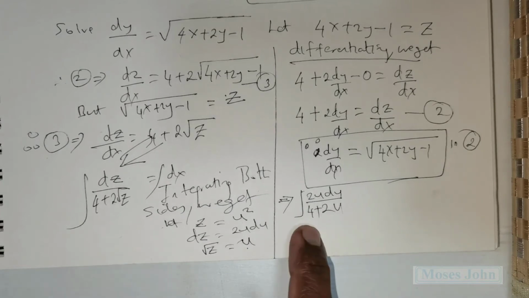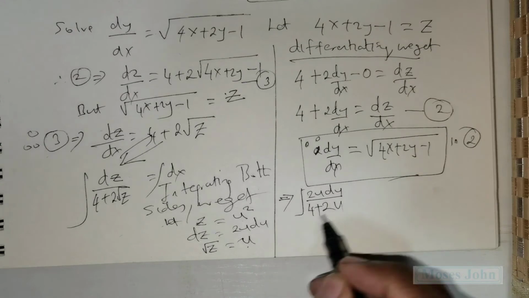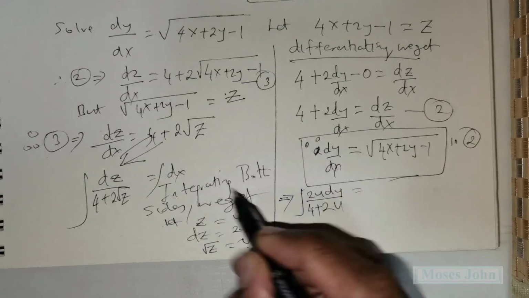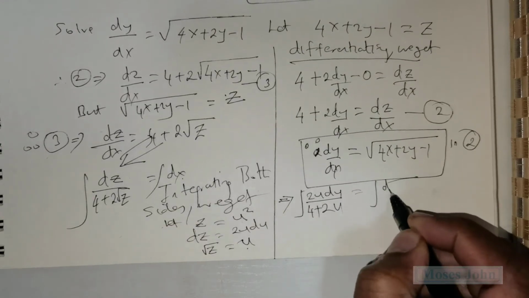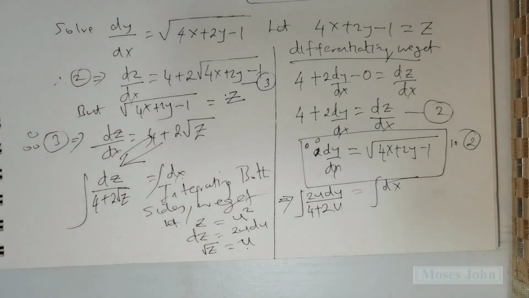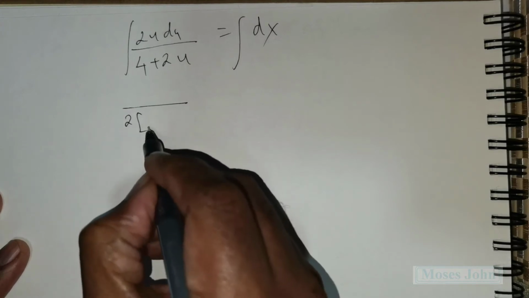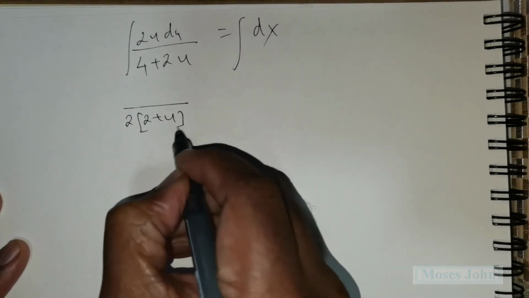Now you can very well take a u out and make the substitution. I would just consider this first. Of course, on the right hand side you have the integral of dx. I don't want to integrate it now. Let me first finish off this left side integration, and then you would have a better idea. So I would take 2 out from the denominator, giving me 2 + u in the denominator.